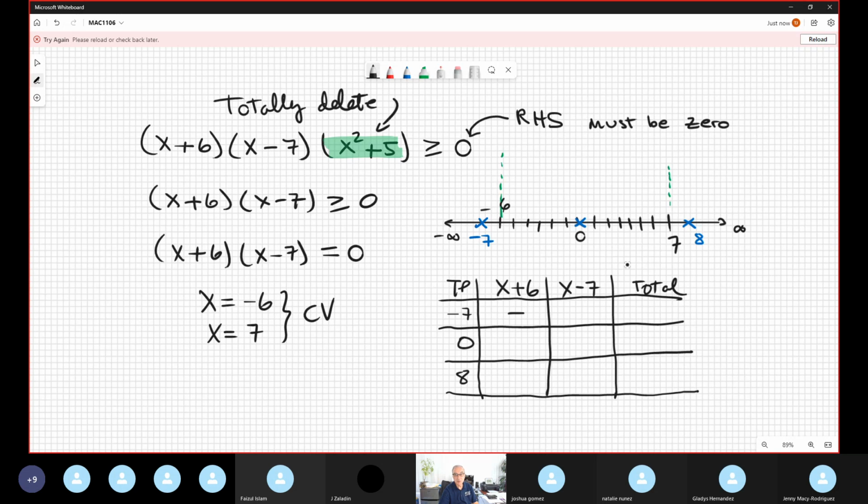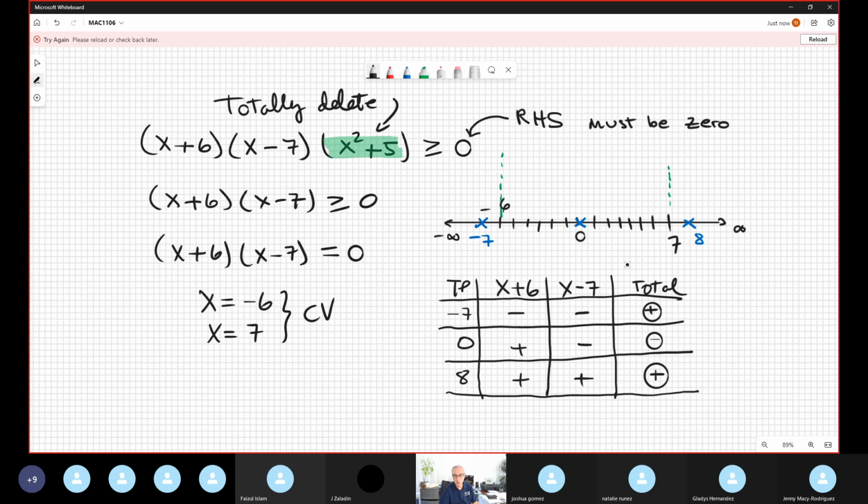This is negative, obviously, because for negative 7, you mentally plug in this testing point here: minus 7 plus 6 is negative 1, no? But I don't care about the value, I care about the sign. And negative 7 minus 7, of course, is negative 14, and two negatives become positive when you multiply each other. For 0, positive, negative, and negative. And 8 is positive, and positive, and positive.